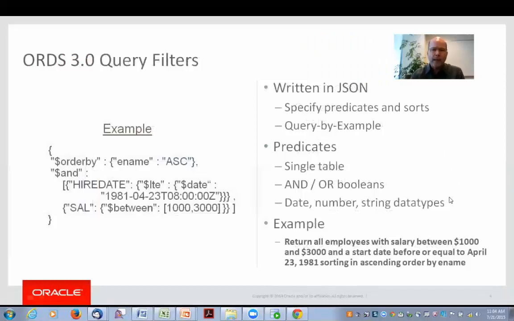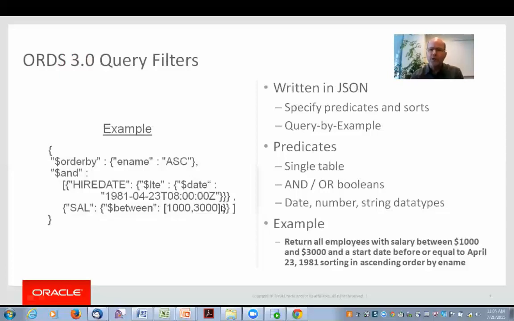So it allows you to specify predicates and sorts in JSON. So we're not using SQL here. We're using JSON, which is something that many new developers are very comfortable with and very easy for them to adopt. It follows a query by example kind of format.